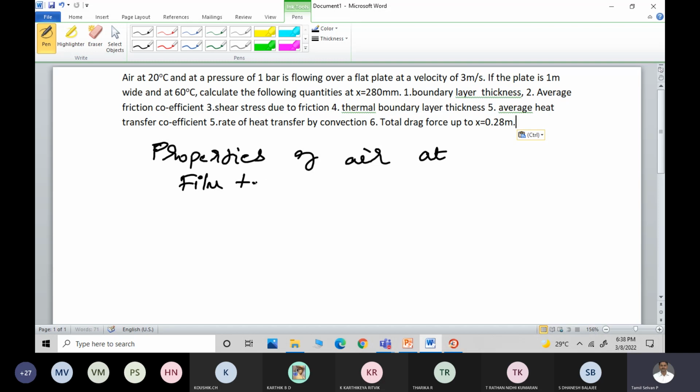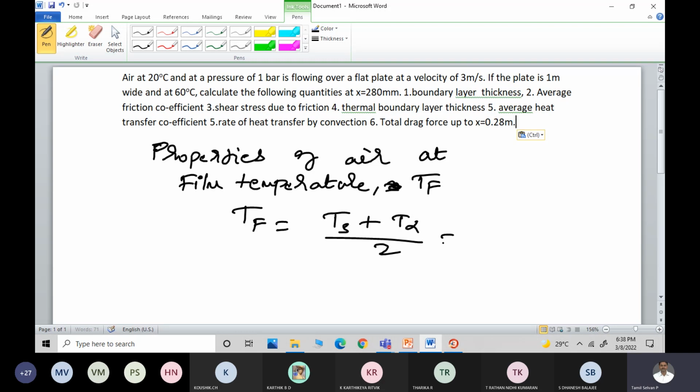The film temperature Tf is nothing but Ts plus T infinity, that is, surface temperature plus fluid temperature divided by 2.